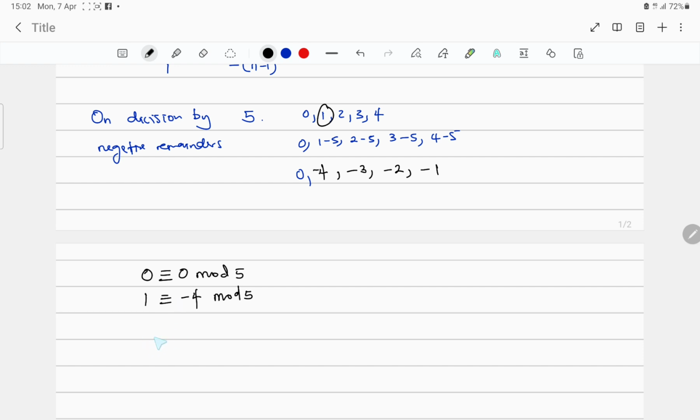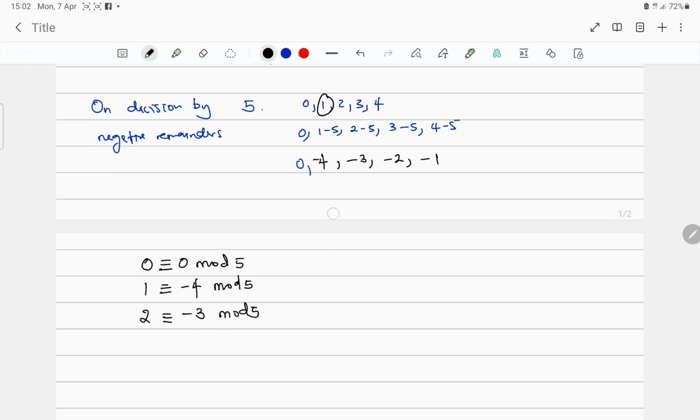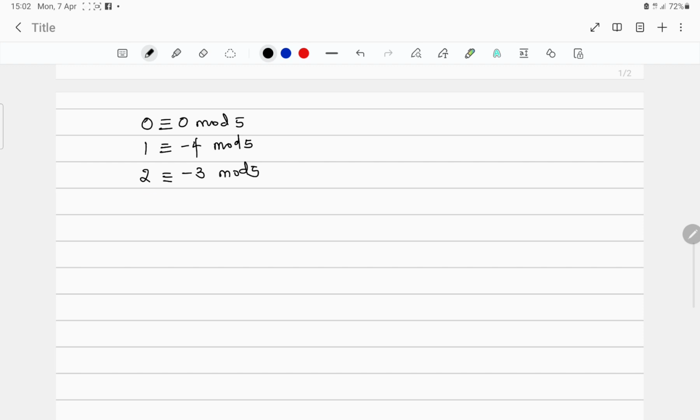Same applies with 2, which is congruent to minus 3 mod 5, and 3 is congruent to minus 2 mod 5, and 4 is congruent to minus 1 mod 5.